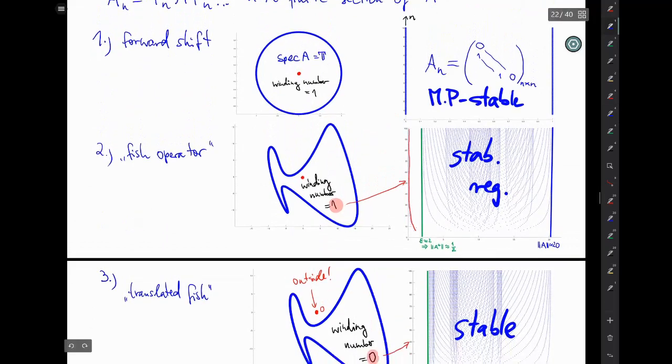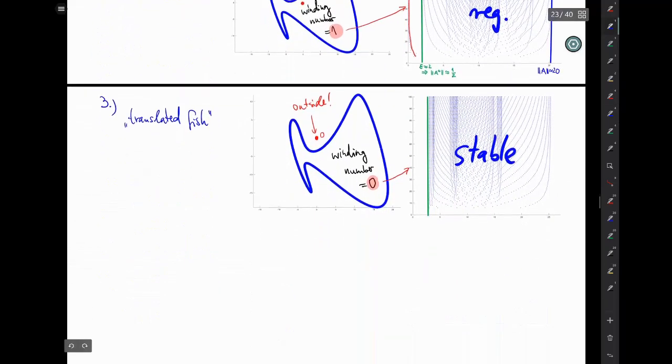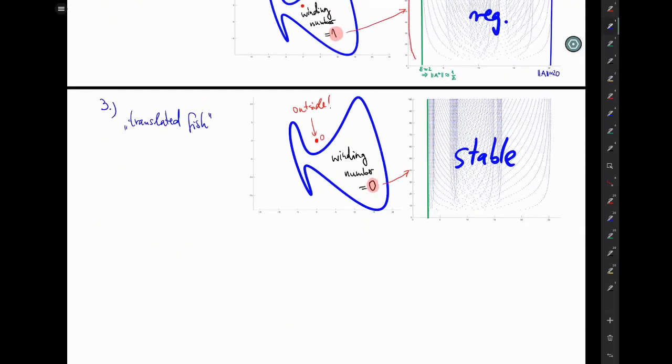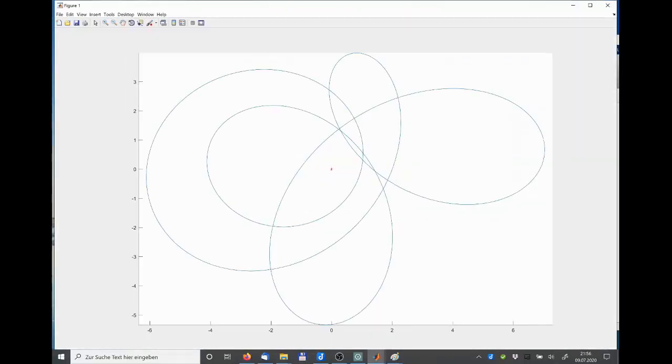Should we do another example? Yeah, come on. Here's number 4. Let's see what we have. This looks very nice. Let's count how often this curve is surrounding the origin, which is the little red star.